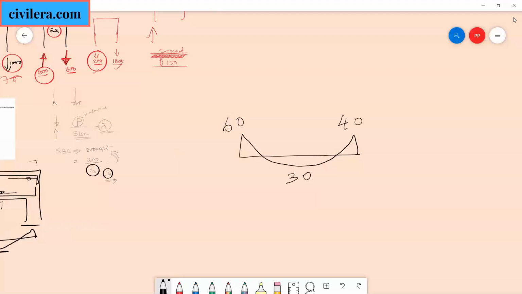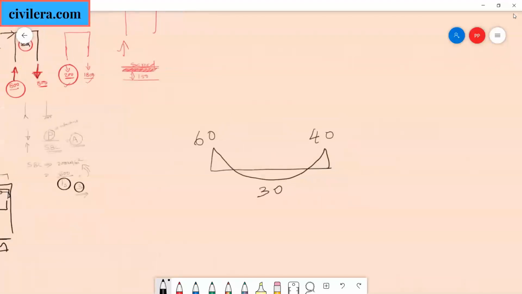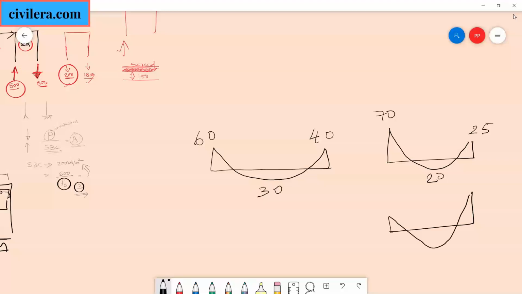Now, we know that 26 combinations exist, right? The second combination gave you something like this: this is 70, this is 20, and this is 25. The next combination gave you this as 65, this as 40, and this as 10.